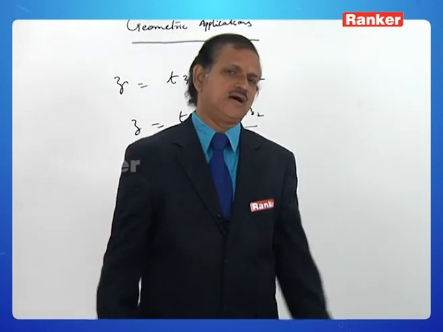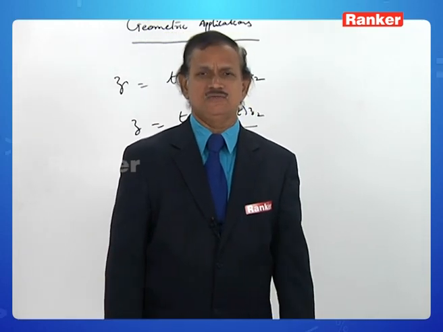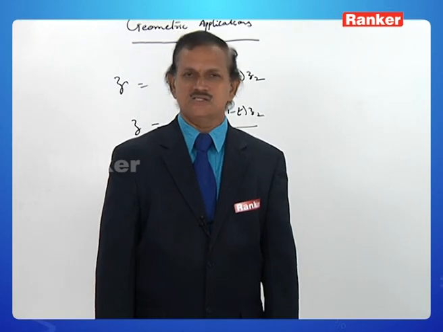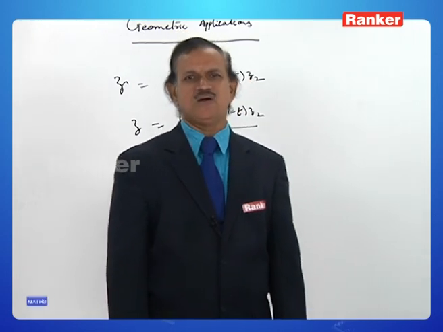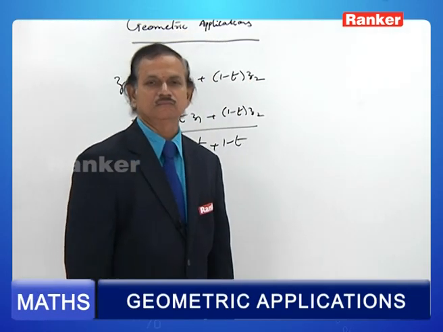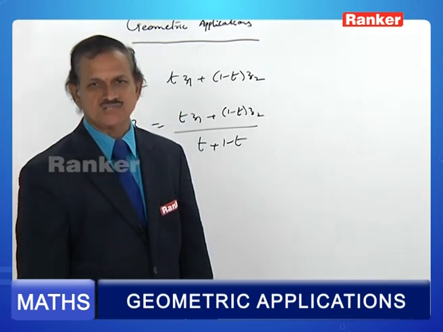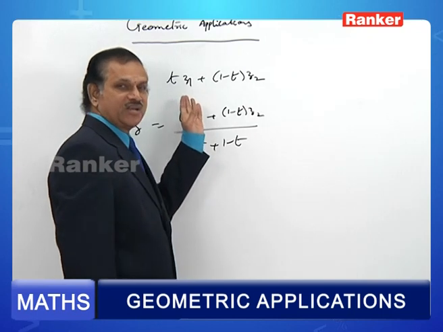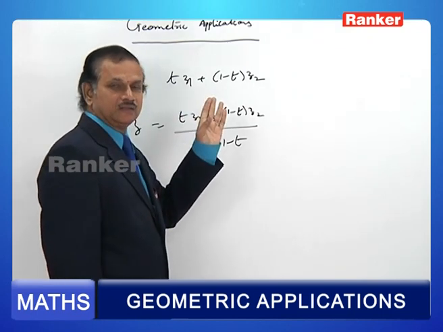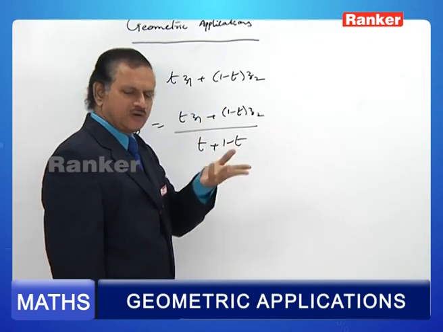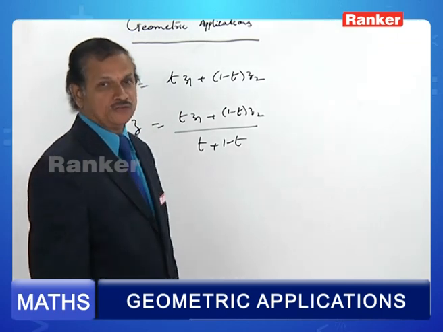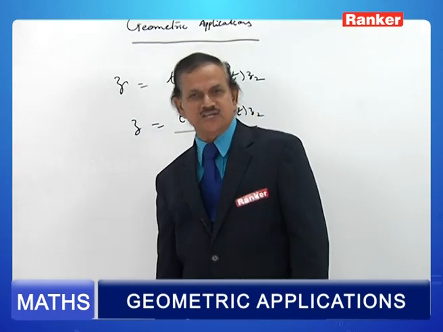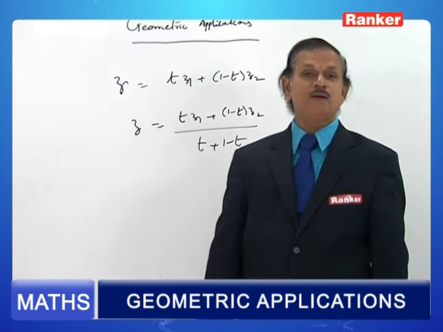Of course, without using that parameter also, you'll be able to have the equation of a straight line in terms of complex numbers joining 2 points z1 and z2. Later on we shall judge. So, this is the equation of a straight line joining the two complex numbers z1 and z2 with parameter t.